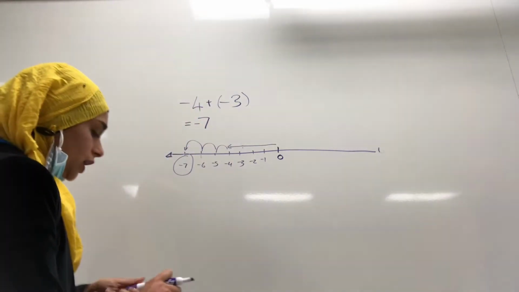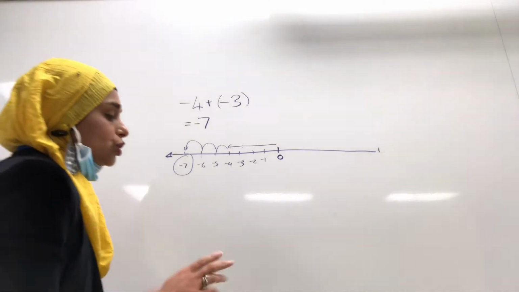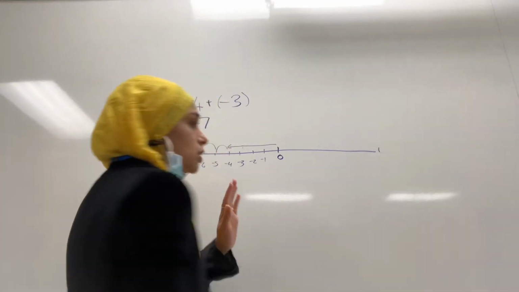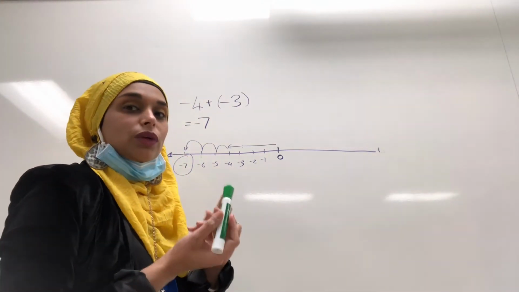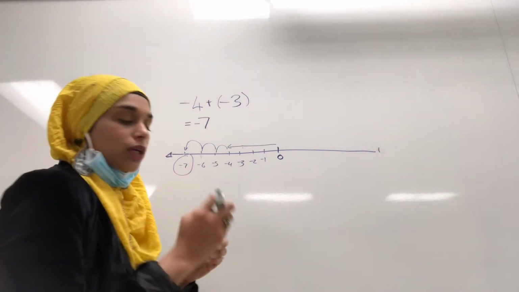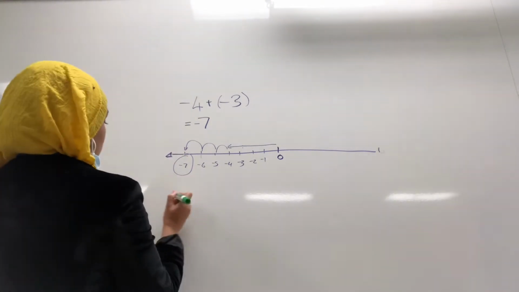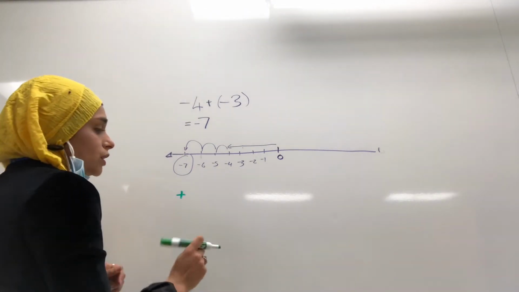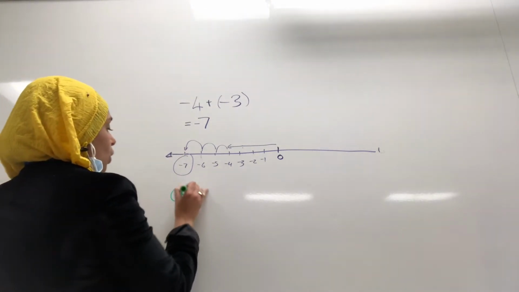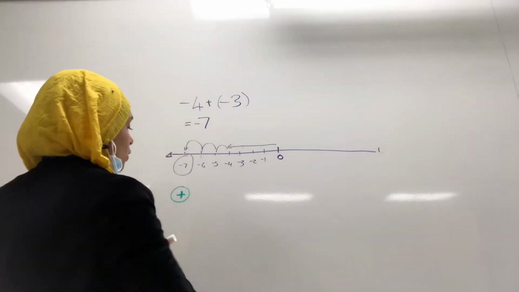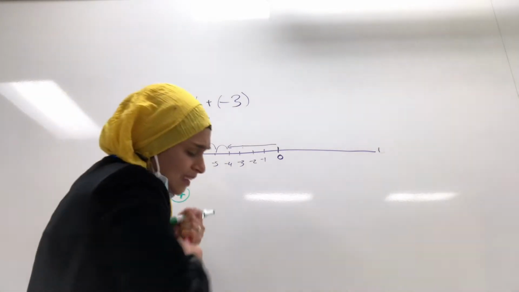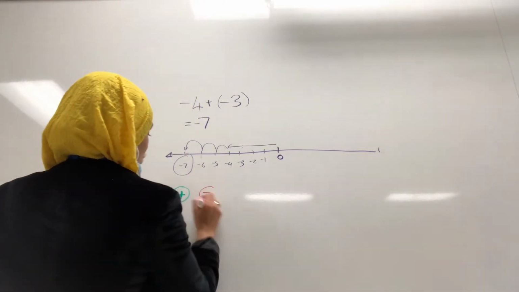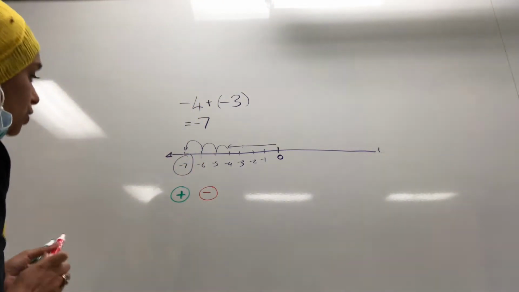Okay, now looking at it with chips. Normally with integer chips, your yellow one is your positive. I don't have a yellow marker, so I'm going to be using green as my positive chips. For the demonstration, green will always be positive chips, and red will be my negative chips. So in order to do this, I look at my question.